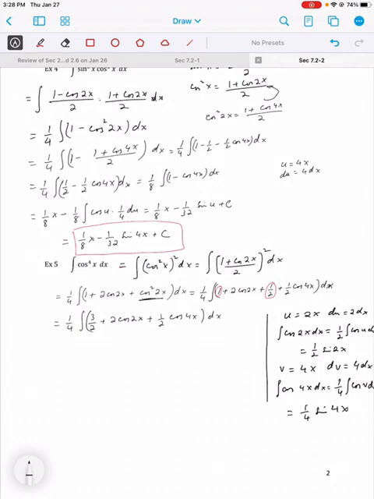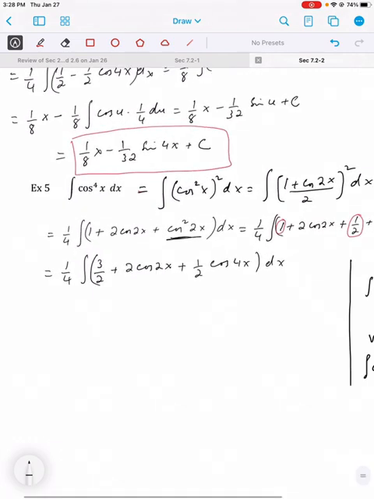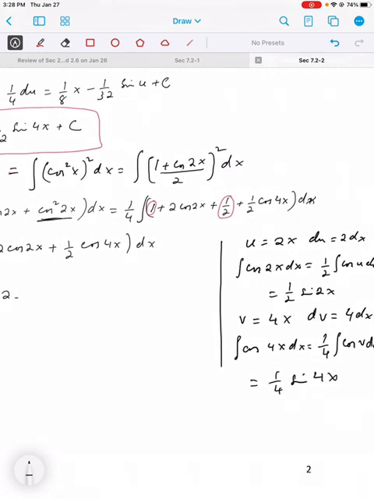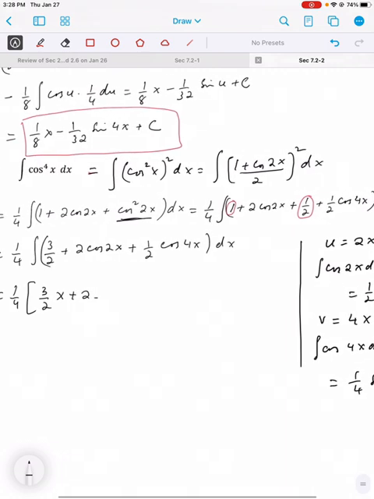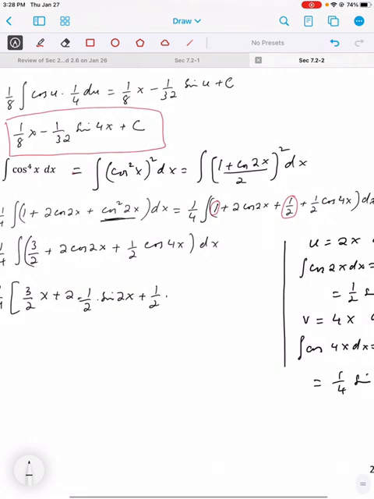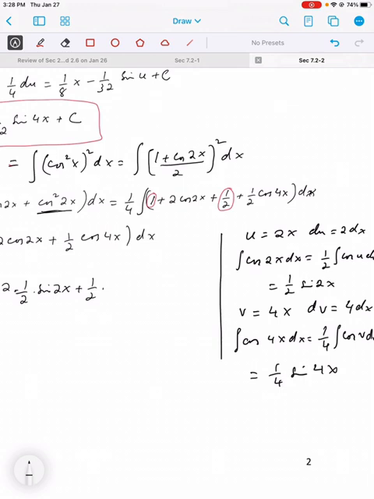And now we can bring that over here. So we have now 1 over 4 times 3 over 2x plus 2 times, remember the antiderivative of cosine 2x was 1/2 sine 2x, so 1/2 sine 2x, plus 1/2 times, the integral of cosine 4x was 1 over 4 sine 4x, plus c.